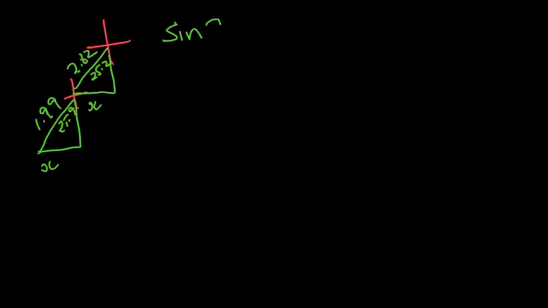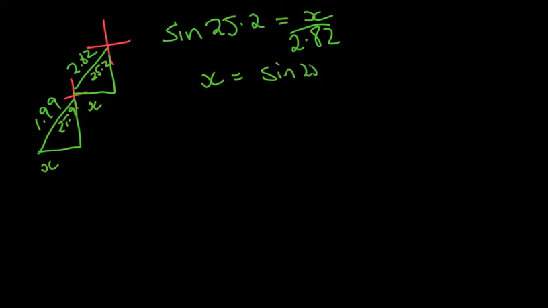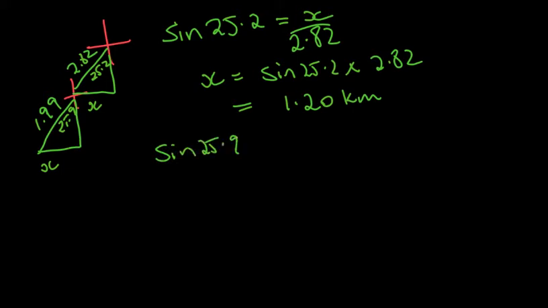Sine of 25.2 is equal to opposite over hypotenuse, so x over 2.82, so x is going to be equal to sine 25.2 times 2.82, and we get 1.20 kilometres. And then we have to do the other one, which is also sine of 25.9 is equal to x over 1.99.